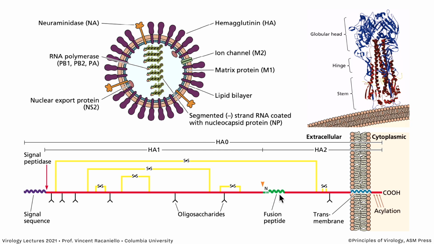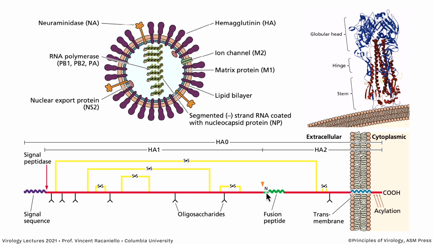And here's the fusion peptide. Remember, the fusion peptide is needed for entry of the virus from the endosome. And here you can see it's buried. And in fact, the N-terminus isn't even free. It has to be cleaved here at this orange arrow by a cell protease, typically. And we'll talk more about this later.